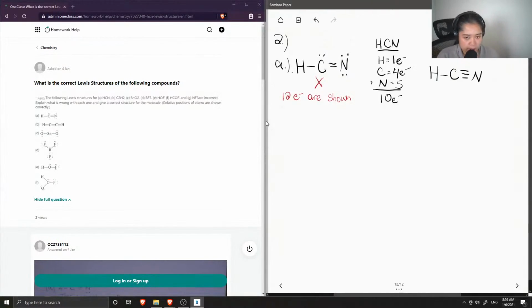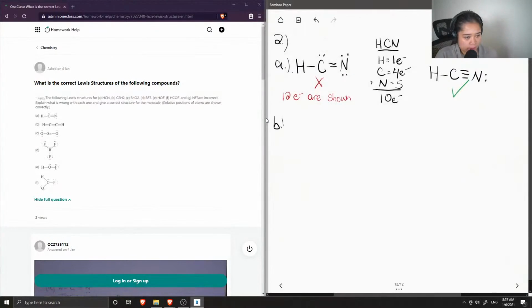And the nitrogen should only have 1 lone pair. So you'll notice that the carbon still has a full octet, and the nitrogen now just has a single lone pair. So if we count out the total valence electrons, we have 1, 2, 3, 4, 5, 6, 7, 8, 9, 10. So this is the correct structure.